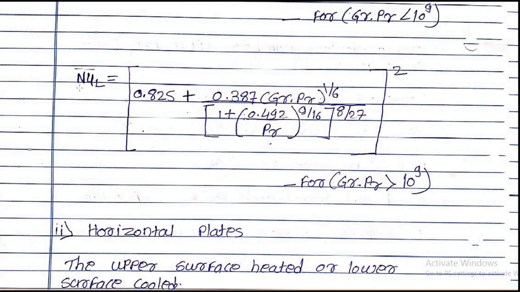So Churchill has given the average Nusselt number is equal to, in a square bracket, 0.825 plus, in the numerator, 0.387 in a bracket Gr multiplied by Pr raised to 1/6, where Gr is the Grashof number, Pr is the Prandtl number, whole divided by, in a square bracket, 1 plus in a bracket 0.492 divided by Prandtl number, bracket complete raised to 9/16, square bracket complete raised to 8/27, complete square bracket raised to square.